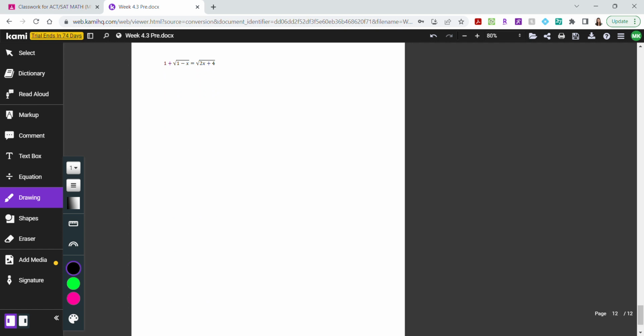Alright, so first thing we're going to do here is, because both sides have a square root sign, I'm just going to straight away square both sides and see what I will get. Alright, so from here I will have to do this.